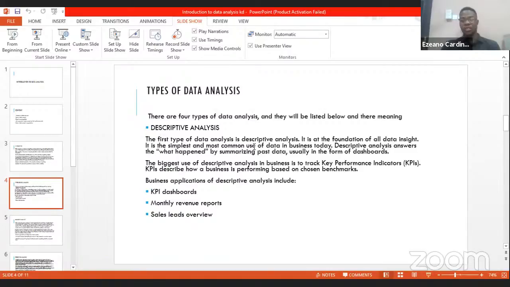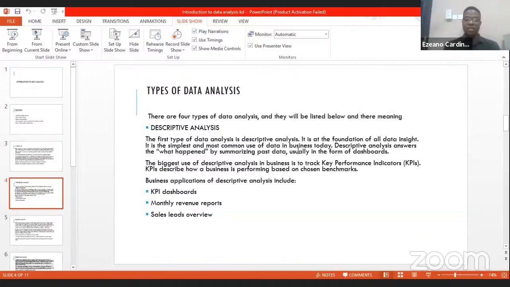Descriptive analysis answers the question, what happened, by summarizing past data, usually in the form of dashboards. The biggest use of descriptive analysis in business today is to track key performance indicators.